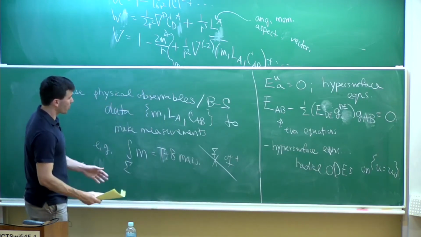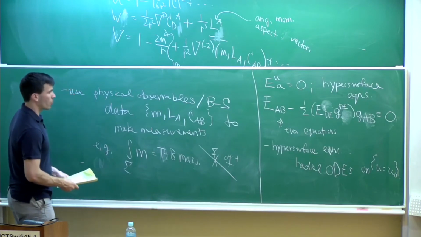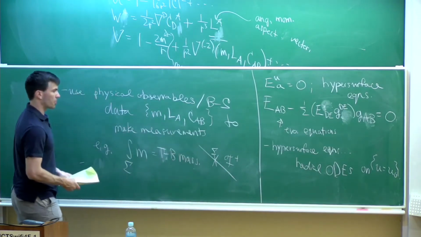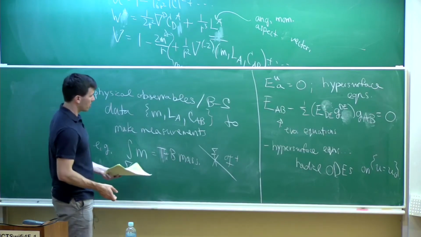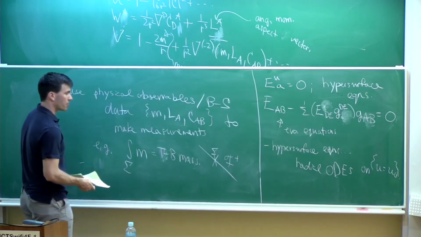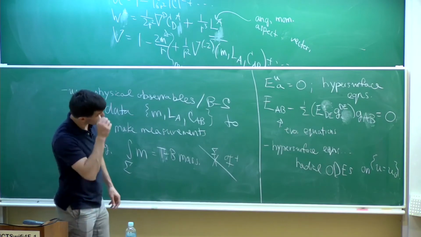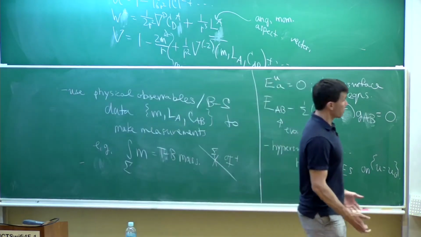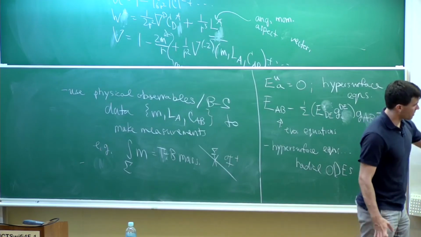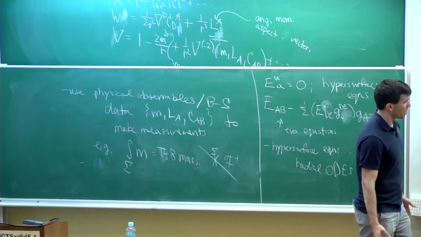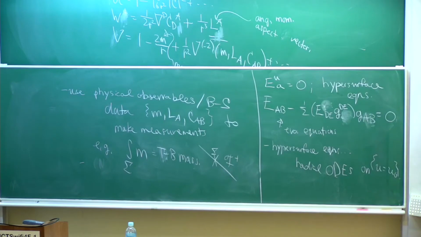The question is, where does this formula come from? We have these different observables, and we want to formalize some process by which we can make measurements. So where did this Trautman-Bondi mass formula come from? The other thing we might be interested in is that we have this spacetime and we imposed a Bondi-Sachs coordinate system on it. That might not be the only Bondi-Sachs coordinate system that exists for this spacetime. There might be all sorts of ambiguity to it. And if there's another Bondi-Sachs coordinate system, there's going to be new data.